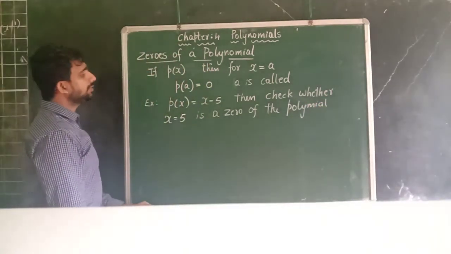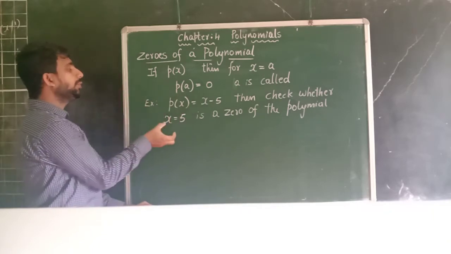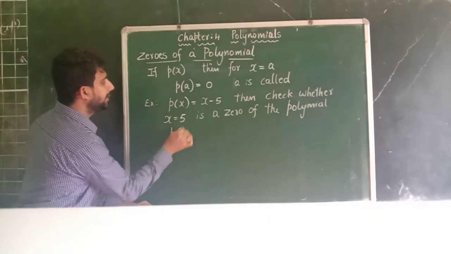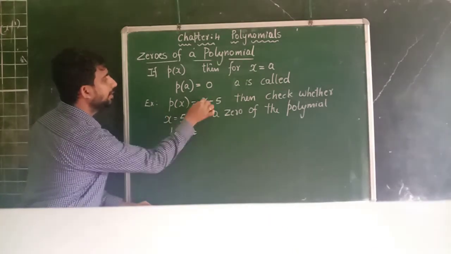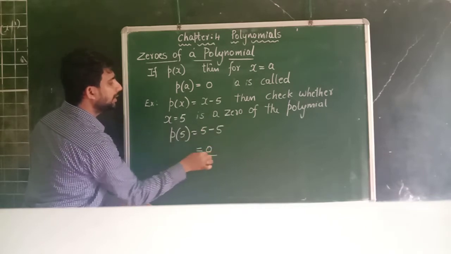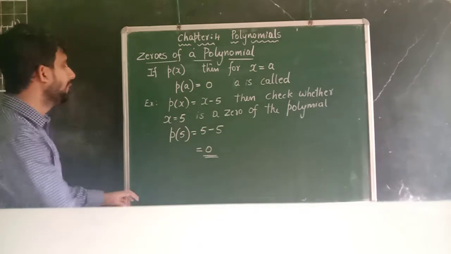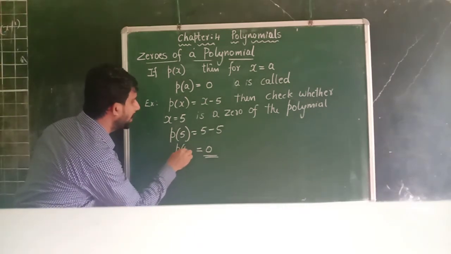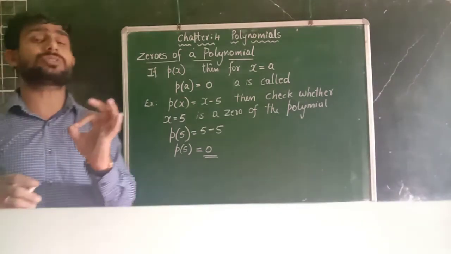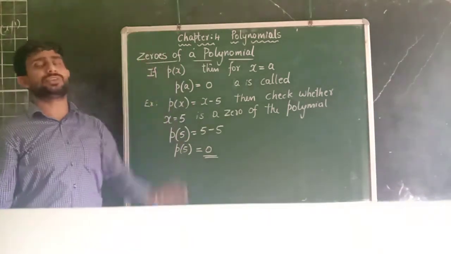Now, what is the meaning of it? If I assign 5 to x, what happens? In the place of x, I will write 5. It is 5 minus 5. How much is 5 minus 5? It is 0. Now, at x equal to 5, the value of the polynomial becomes 0. Therefore, 5 is called a zero of the polynomial.